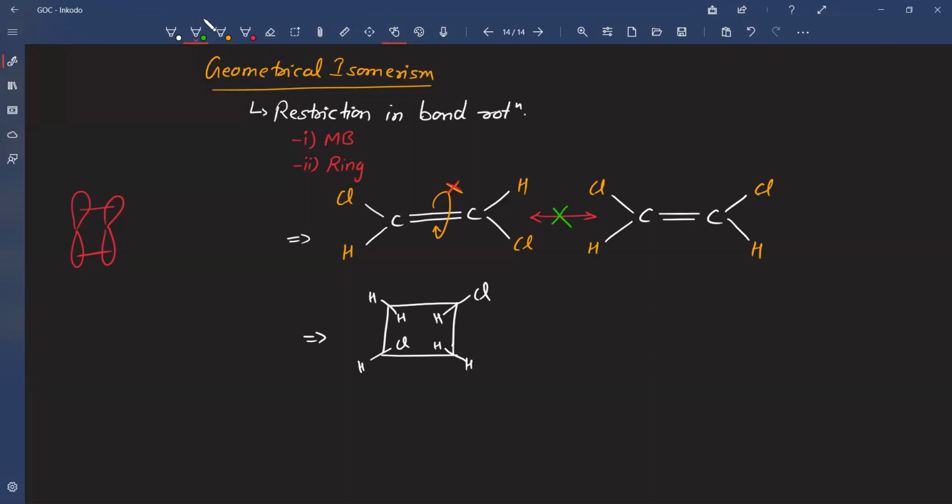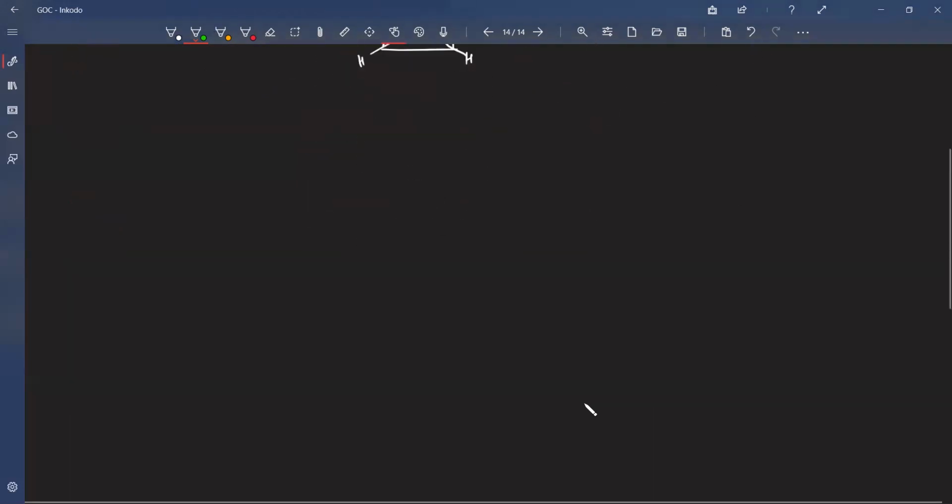So these two are different orientations. Although the structure is same, the orientation is different. Such entities, for example the two entities above, are called geometrical isomers, and this phenomenon is called geometrical isomerism.